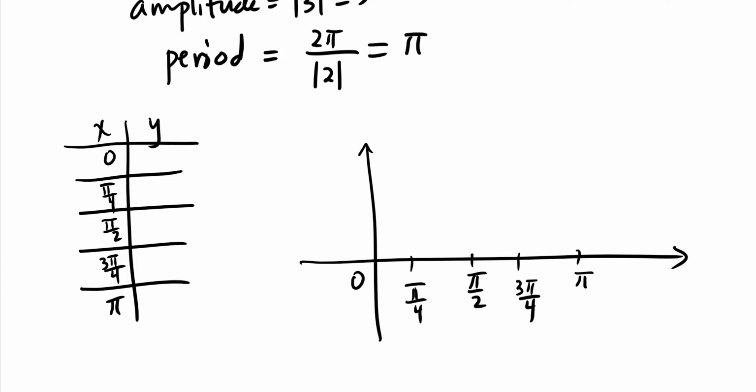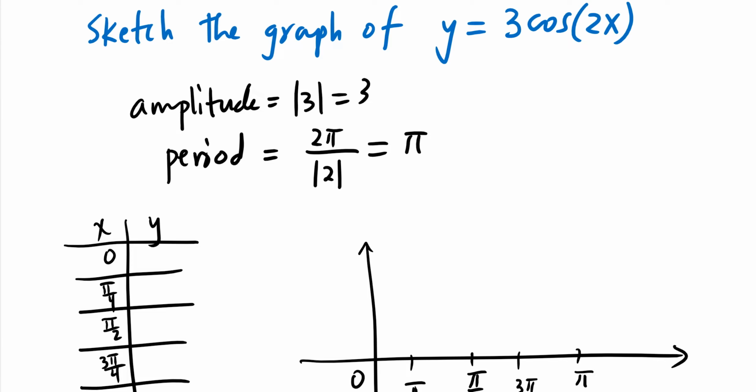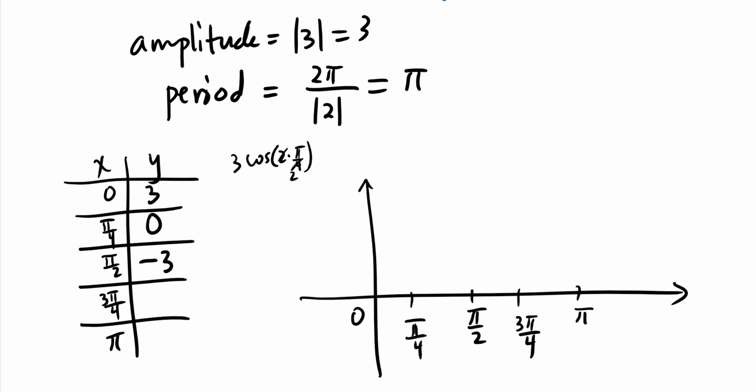If you put 0 in, cosine 0 is 1, so that's a 3. If you substitute pi over 4, that's going to look like cosine of 2 times pi over 4, which is cosine pi over 2, that's 0. If you substitute the pi over 2 in, that becomes cosine pi, that's -1, times 3 is -3. And this will be 0.